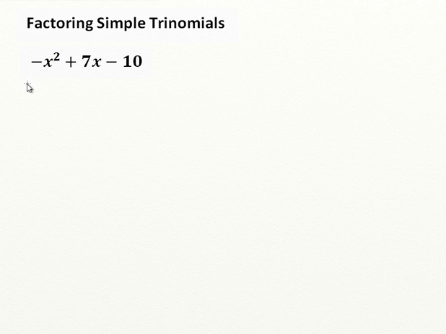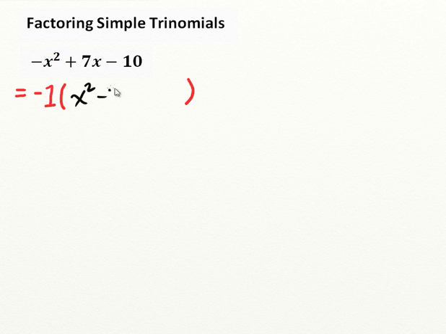And in order for me to accurately factor this, I'm going to have to first common factor out this negative sign. So that is basically a negative 1. And when I do that, the inside is going to change a little bit. So this is negative 1, and I'll be left with x squared.